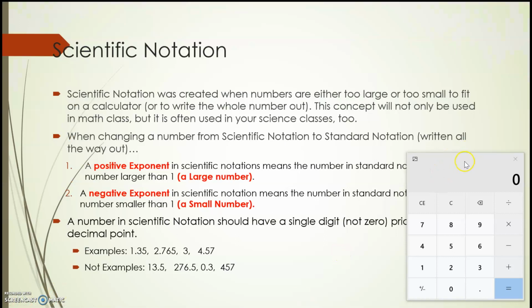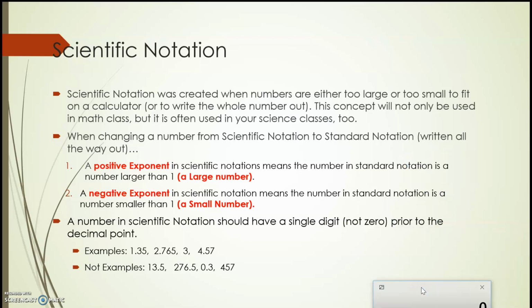So, first thing with scientific notation, the reason why scientific notation was created was because your calculator can only give you so many numbers at the same time, okay? And you can have really large numbers that are too big to fit on your calculator. That's where scientific notation came in.